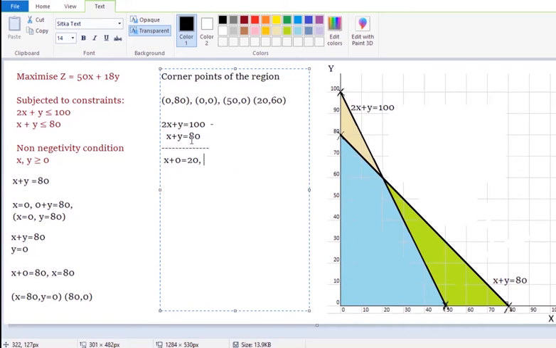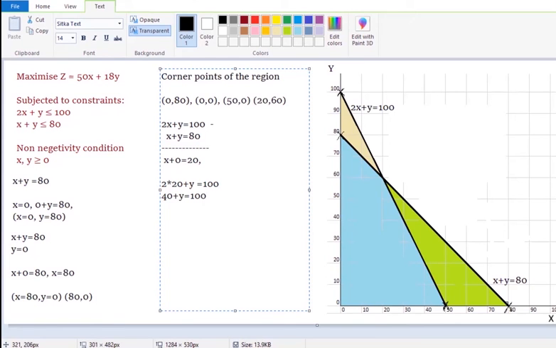For example, if I substitute the x value in the first equation, we get 2 into 20 plus y equal to 100, is it not? So that means 40 plus y equal to 100.